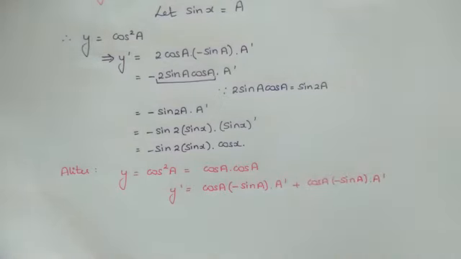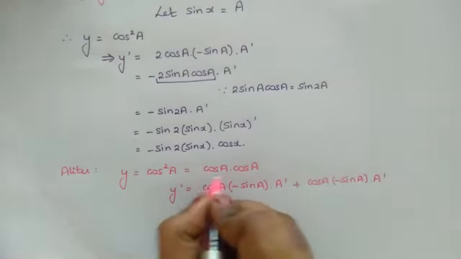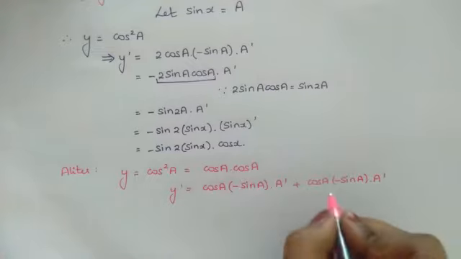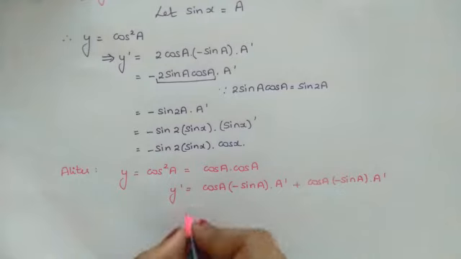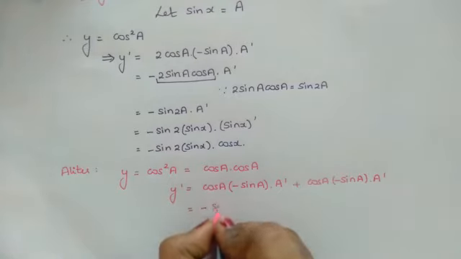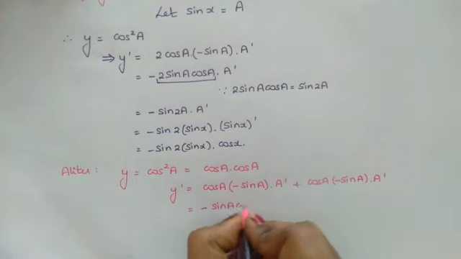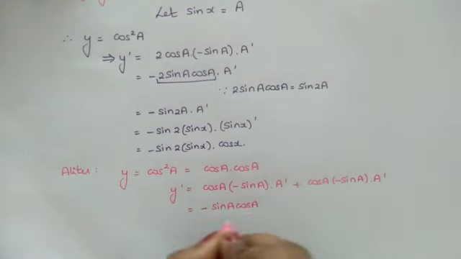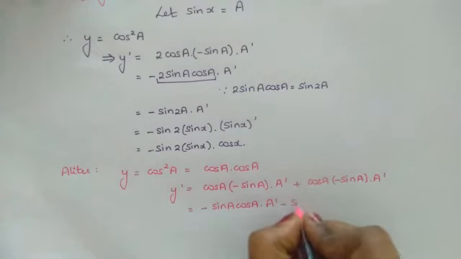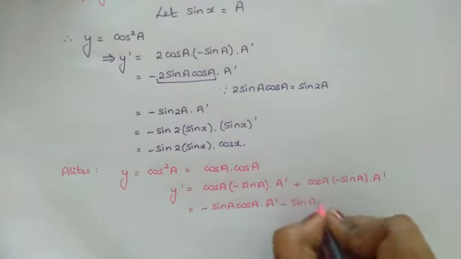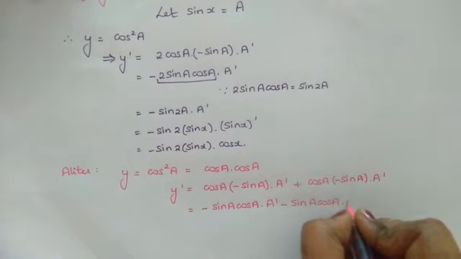I hope you are able to understand. This cosine function, derivative of the next cos function. This cosine function, derivative of the first cosine function. So this is like minus sine A cos A, I've just done the swapping, into A dash, minus sine A cos A into A dash.